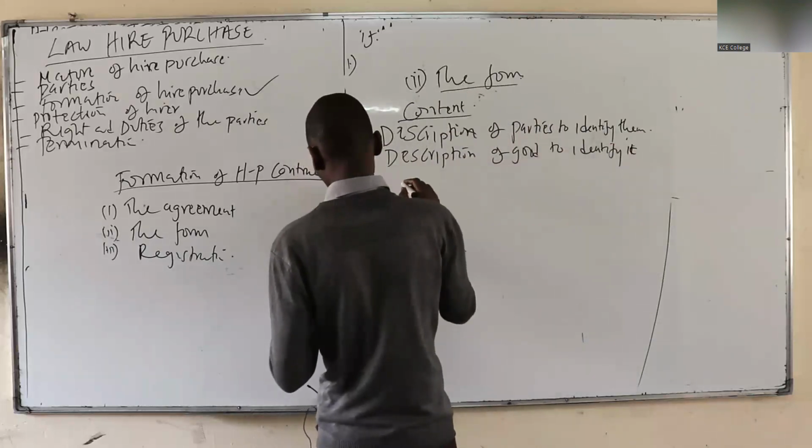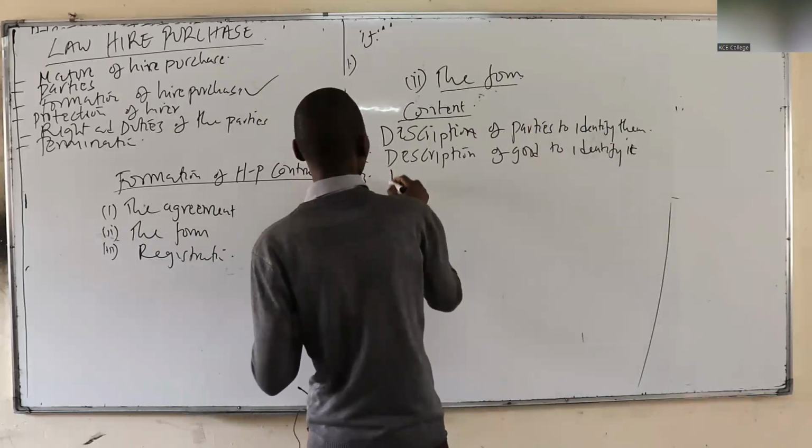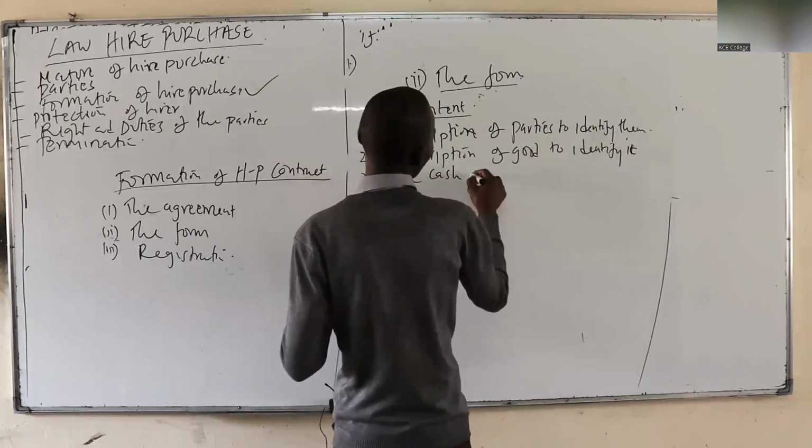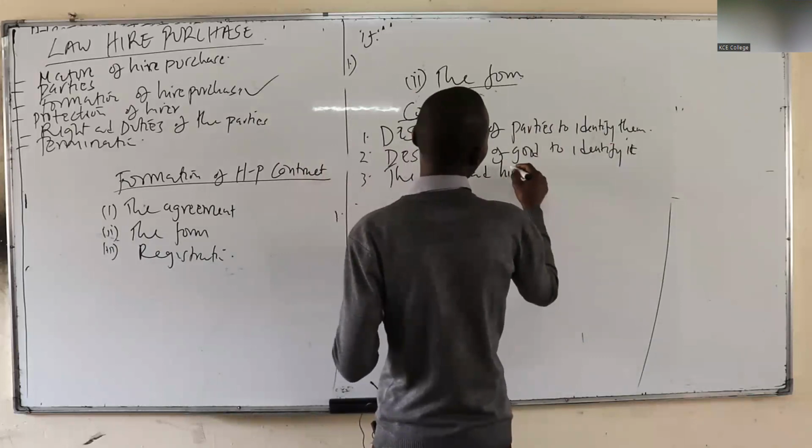Number 3, the cash and the hire purchase price.